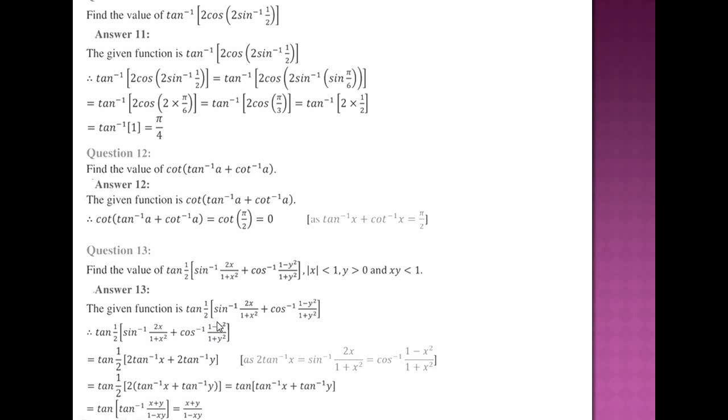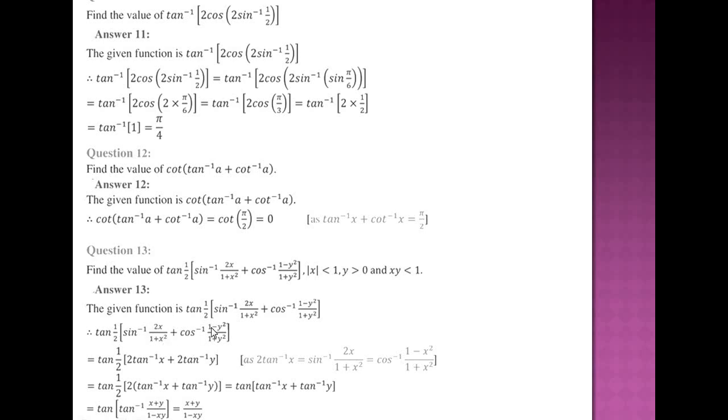And cos inverse of, we did 1 minus x square upon 1 plus x square as 2 tan inverse of x. But as this function is in terms of y, I will change this cos inverse of 1 minus y square upon 1 plus y square as 2 tan inverse of y. I have given the reason in the bracket, right? This is the property we did when I spoke about converting 2 tan inverse of x in terms of sine inverse, cos inverse and tan inverse.